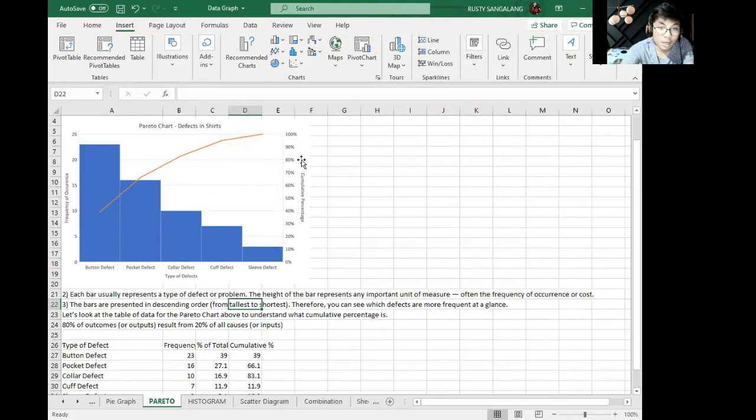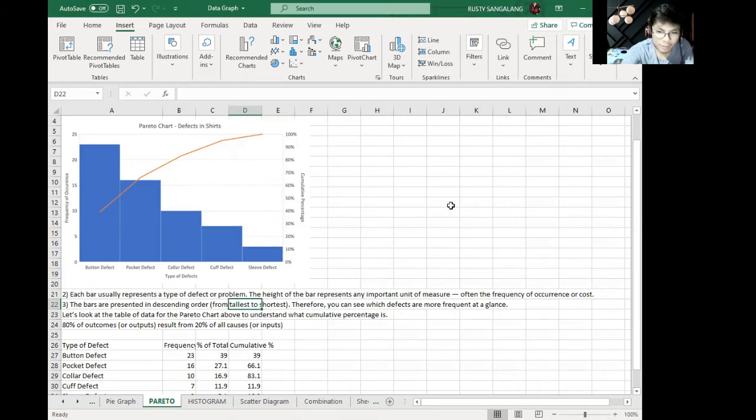So we use this cumulative percentage. We have to see anong part yung tumama for the 80%. Tumama dun sa 80% line yung ating line graph. So lumalabas, our priority is the button defect and the pocket defect.